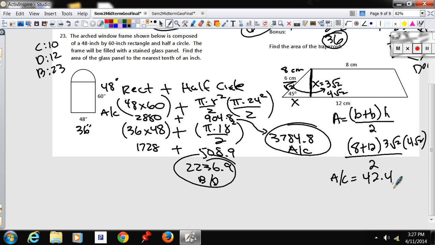That's if you had the 6 and 3 radical 2. And it was a 79.2 if you had the 4 radical 2.